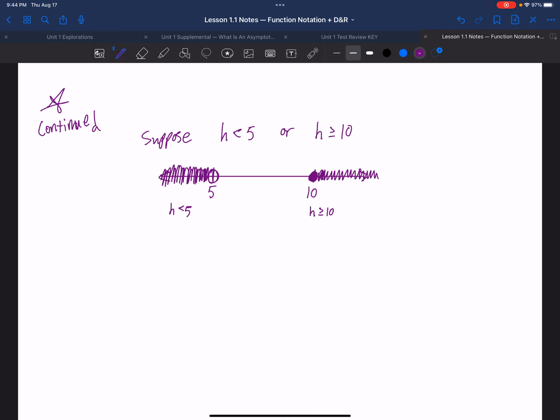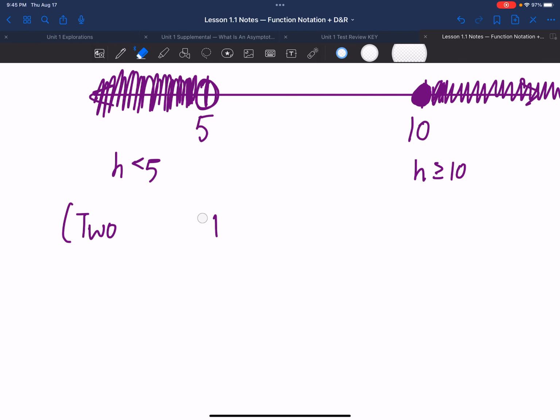So you see, these are called two disjoint sets. I'm going to write that down, two disjoint sets. I can't spell. Disjoint means not connected, right?